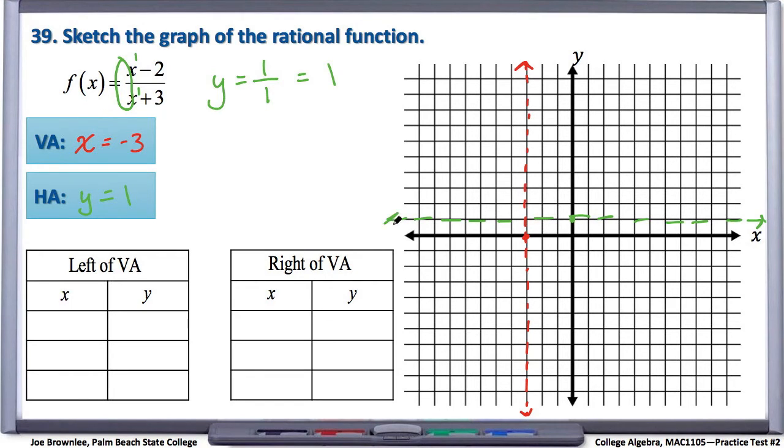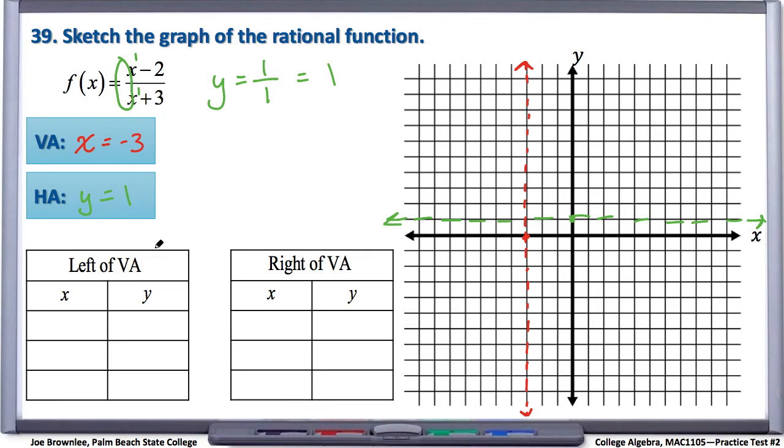Now I went ahead and made two xy tables here. Notice I labeled this one left of the vertical asymptote, right of the vertical asymptote. I like to choose several values of x to the left of the vertical asymptote and several values of x to the right to help me graph.